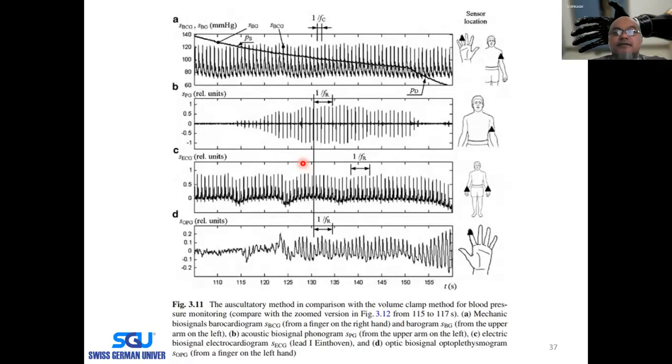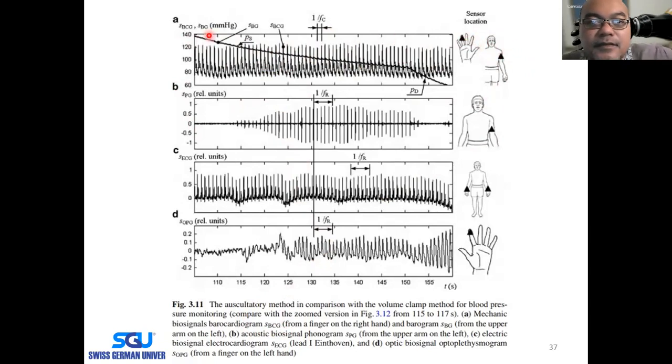This graph shows the auscultatory method in comparison with the volume clamp method for blood pressure monitoring. A is the mechanical biosignal from the barocardiogram from a finger on the right hand, and then the barogram from the upper arm on the left.